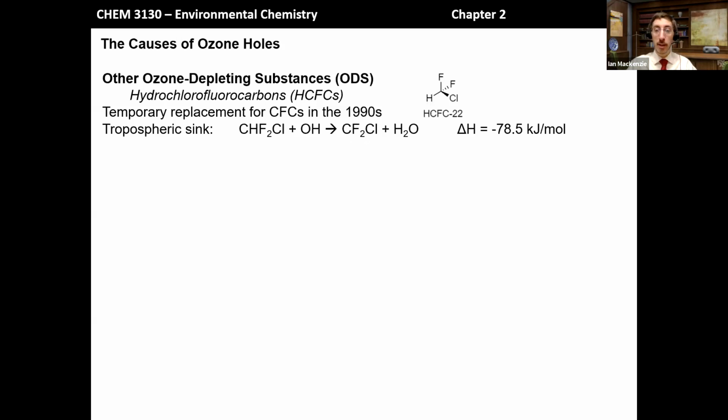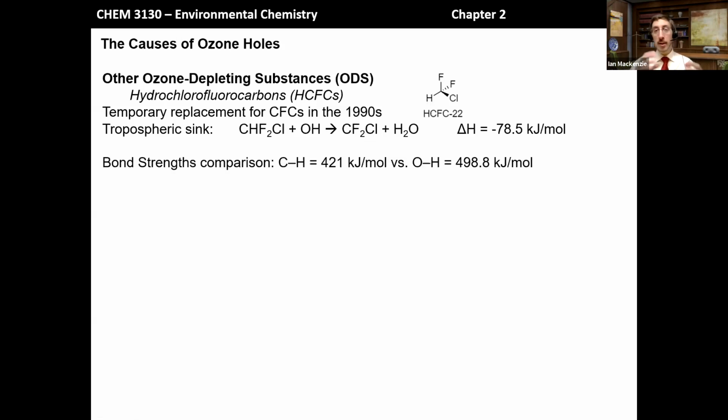It's exothermic by close to 80 kilojoules per mole. And so after this reaction, we've produced a radical on this intermediate here, which can react with diatomic oxygen in the air to then undergo subsequent oxidation reactions and removal from the troposphere and removal from the atmosphere.